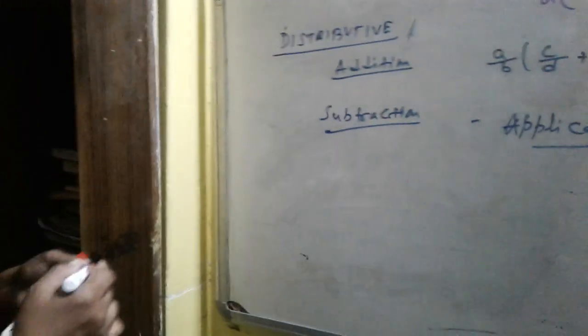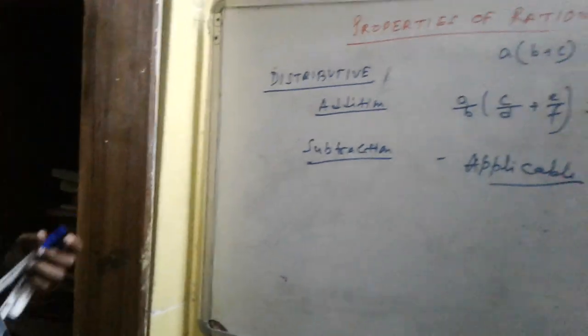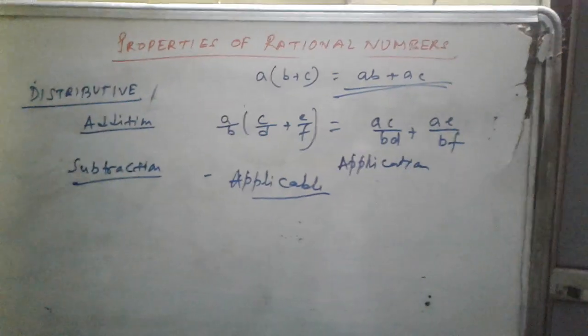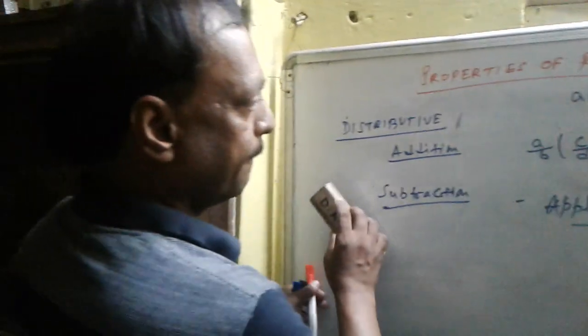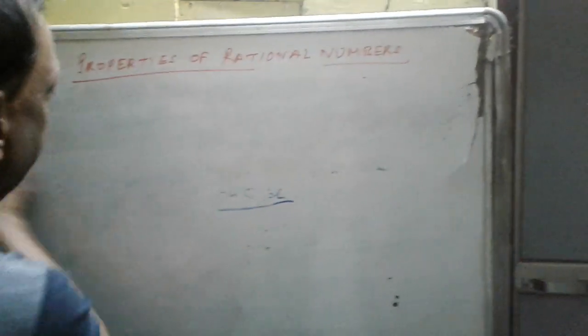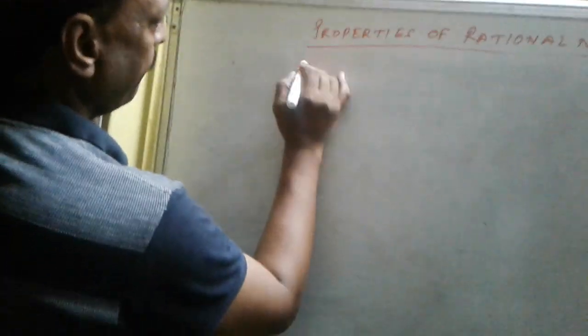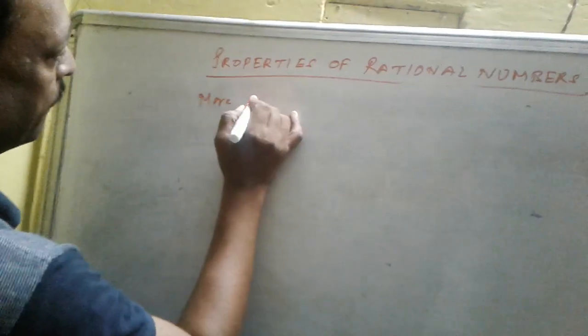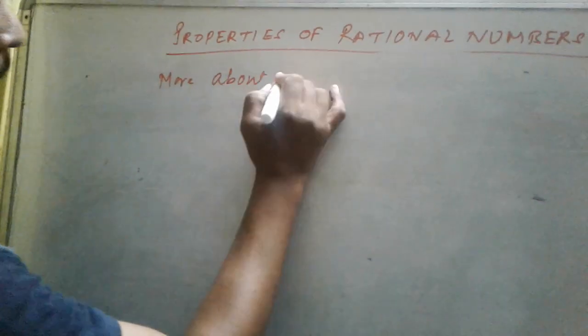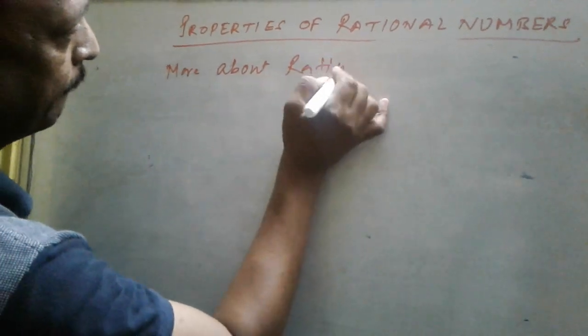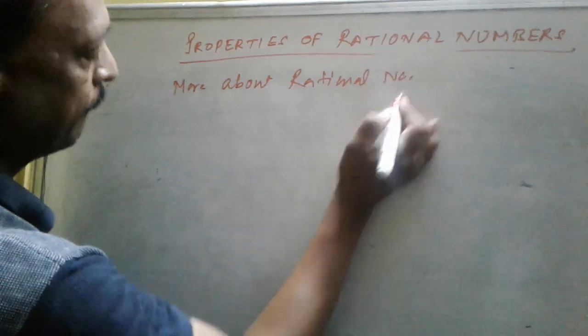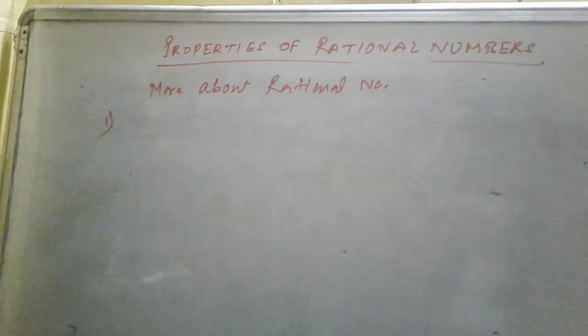Few more properties are also there about the rational number, which are very important to know, and those are number 1, additive inverse.